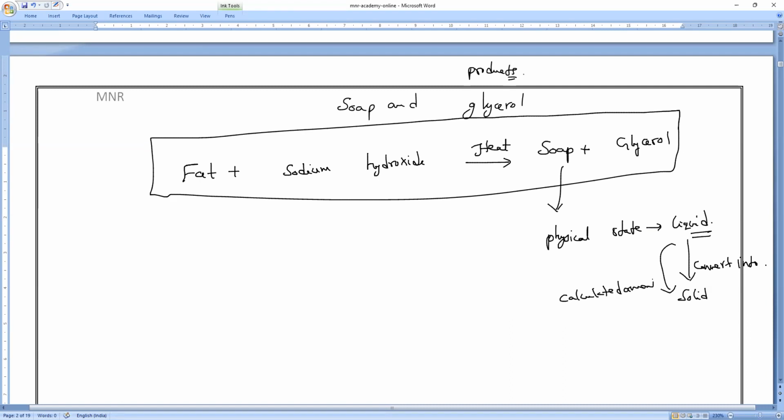What is common salt, guys? NaCl. So the addition of more salt decreases the solubility of a soap.